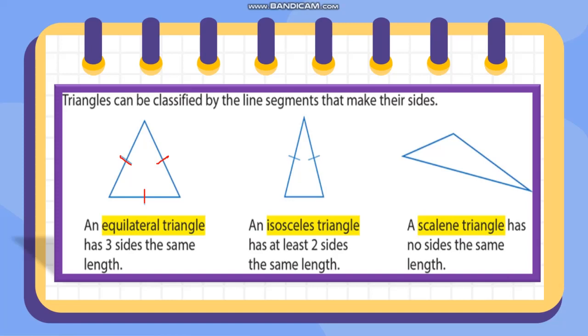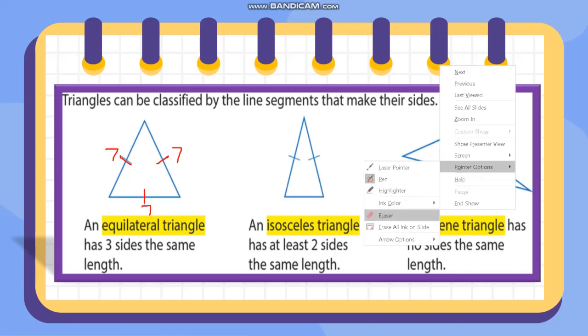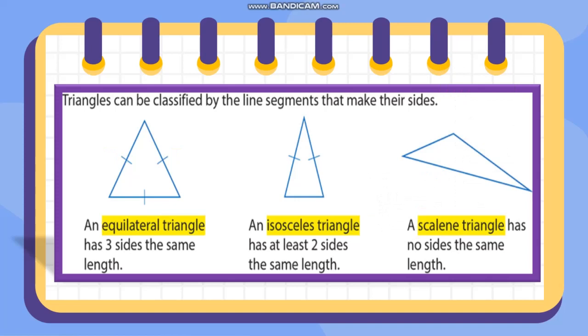If I give a measurement, for example 7, then this is 7 and this is 7. So all sides are equal. Even without the measurement, if you see that symbol, all sides are equal. And if all sides are equal or have the same length, that is what we call an equilateral triangle, from the root word equal.